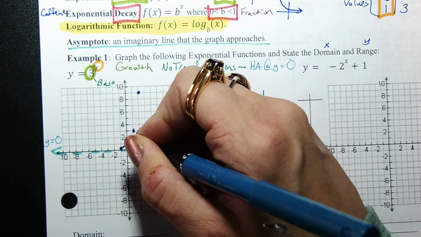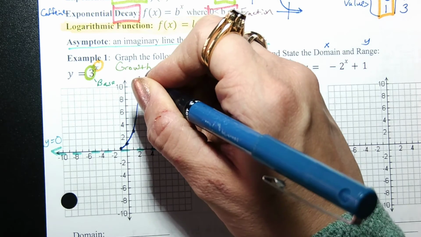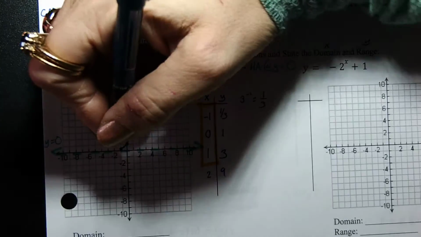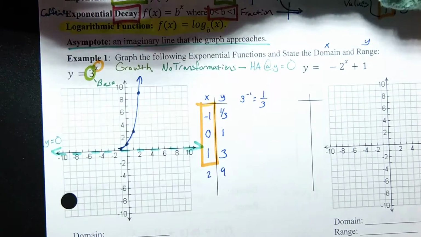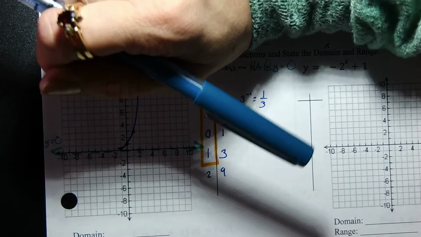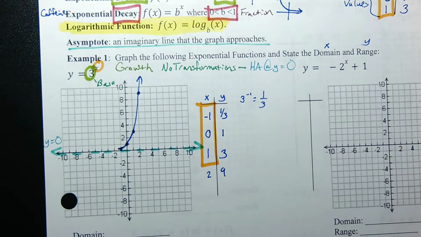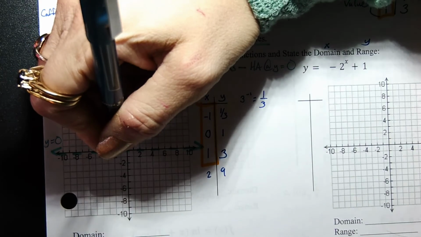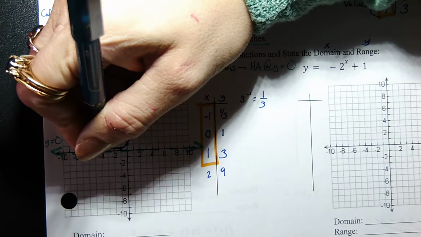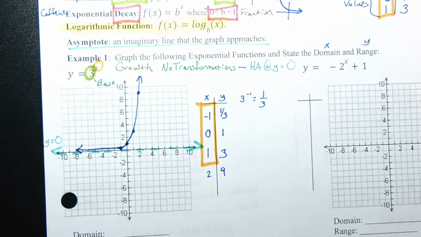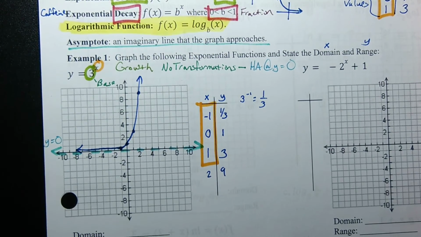So we're going to curve up through those points, putting an arrow on that end. And then remember what we've said about asymptotes before. It's like that younger sibling that goes, I'm not touching you, I'm not touching you, but they're literally right in your face. That's what this graph is going to do to the asymptote. I'm not touching you, I'm not touching you, but it is getting very awkwardly close. So we do need arrows on both sides of the graph, and that is our exponential growth function.